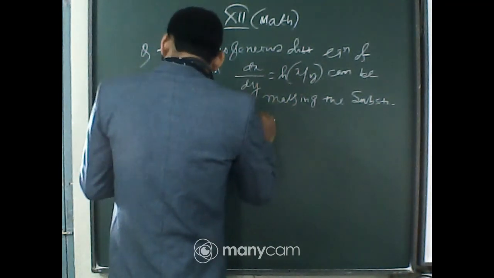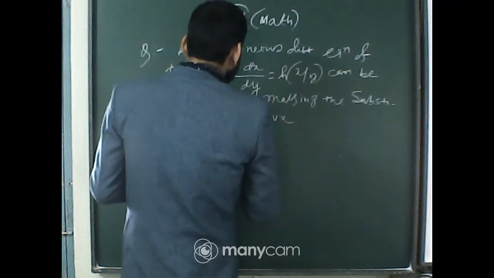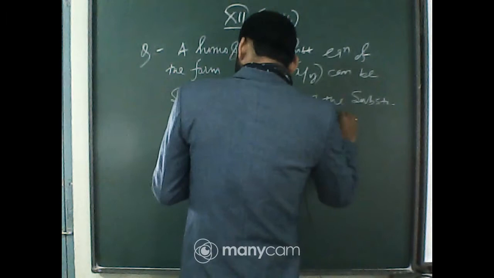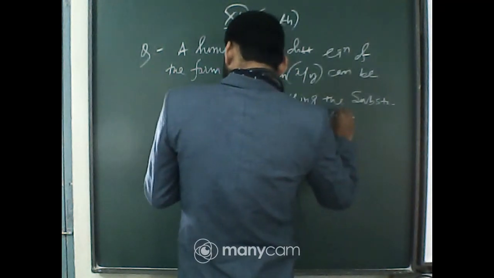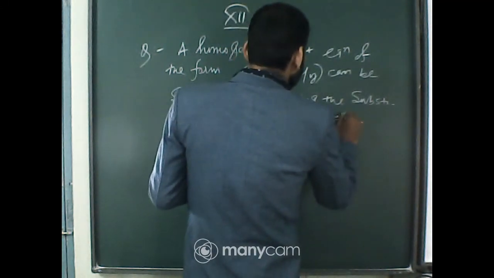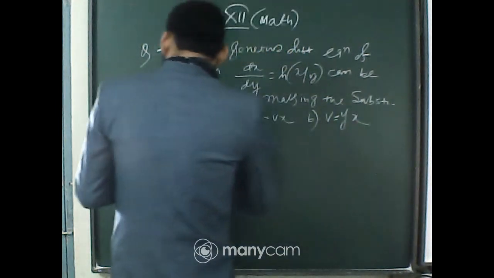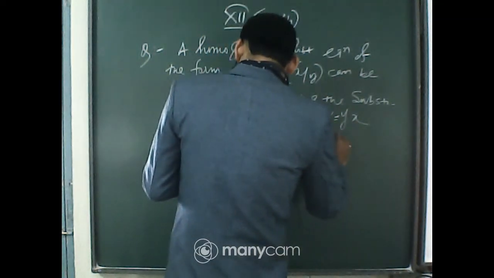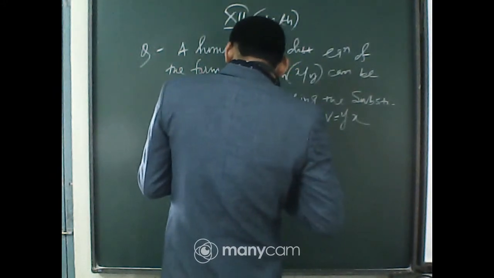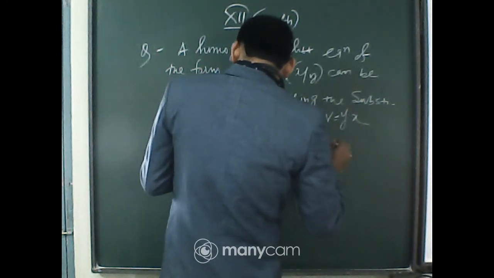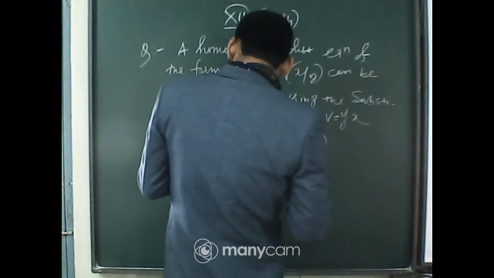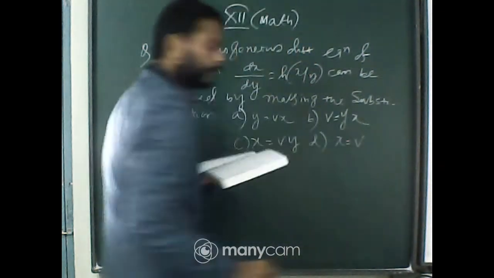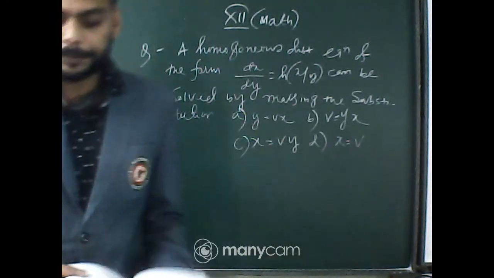The options are: option A, y equals vx; option B, v equals yx; option C, x equals vy; and option D, x equals v. Which is the correct option? Tell me.